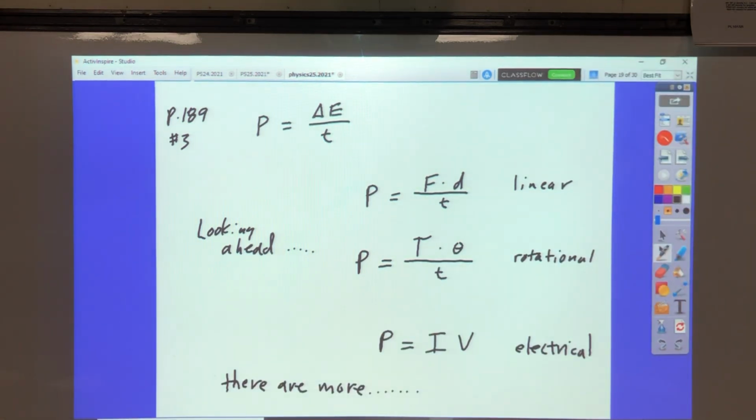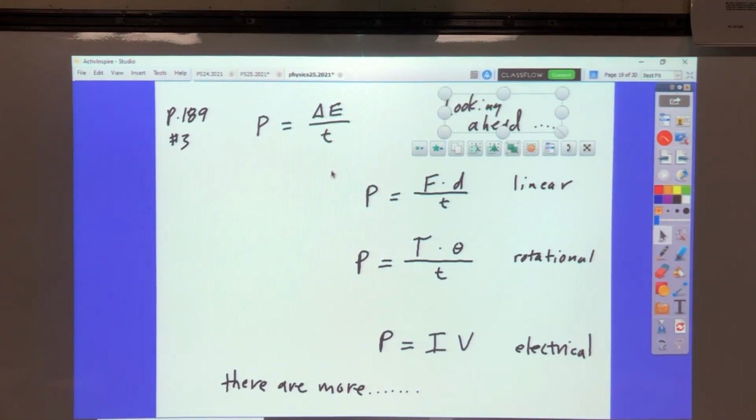And by the way, I was thinking ahead. Looking ahead, there are some equations we can use.